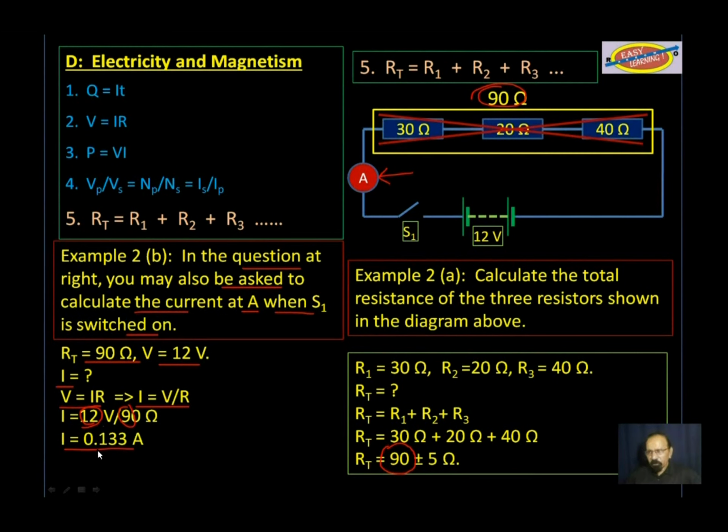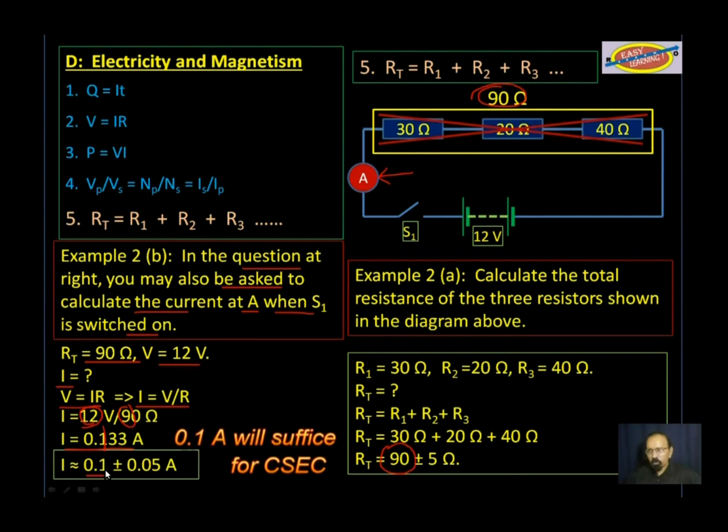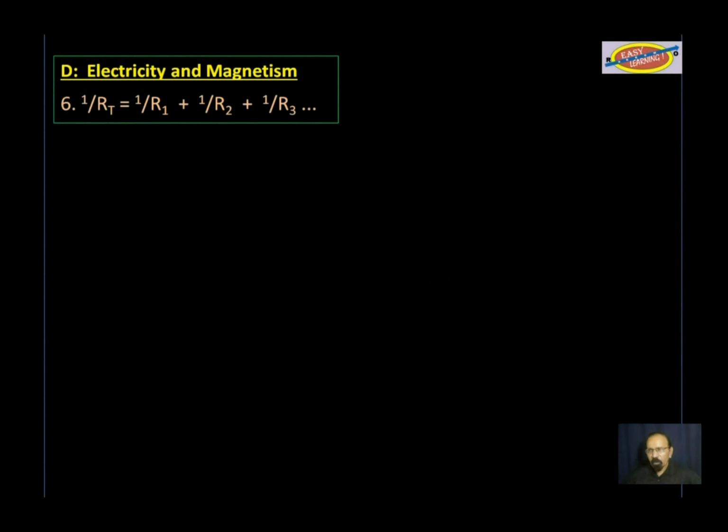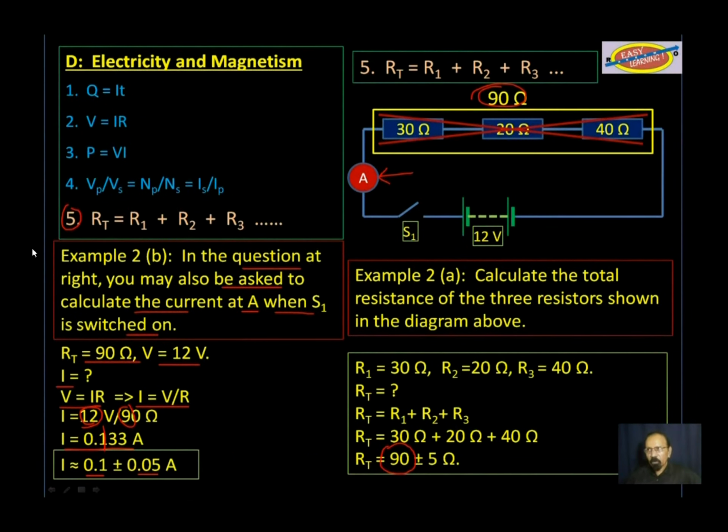So we have to round off here and we get 0.1 amp. Since we are rounding off at this 1/10 position, we can easily add plus or minus 0.05 amp. So formula 5, we find the total resistance of resistors in series. You simply add them up.